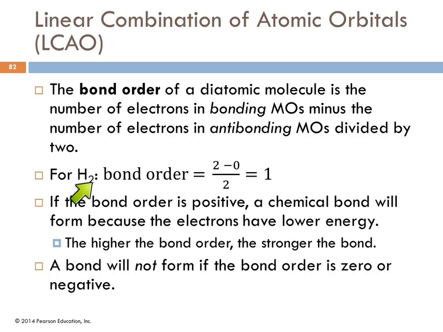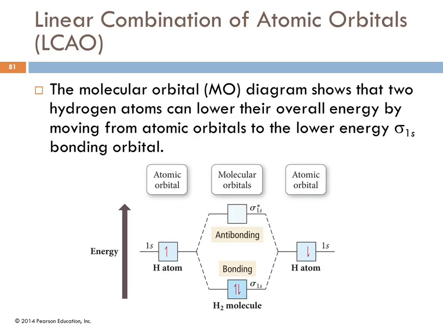So for hydrogen, for H2, we had 2 minus 0 divided by 2. The bond order is 1. Let's go back to this diagram. We're taking the number of bonding electrons that contributes to the bond happening. We're subtracting the number of electrons that are in antibonding orbitals. Here there are 0. And then we're going to divide by 2. Think of it as an average.